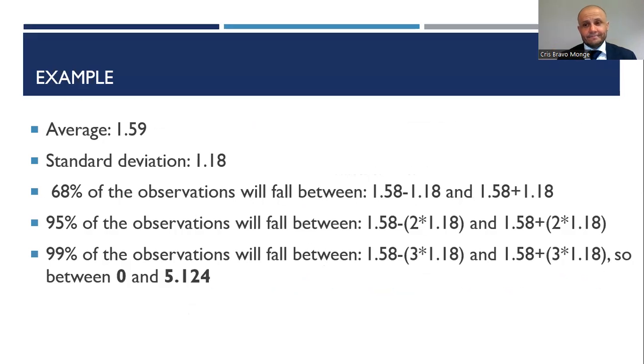And that 98% of the observations will fall between 3 standard deviations. In this case, applying the rule of thumb with 3 standard deviations gives us between 0 and 5. That is that 98% of the observations should fall between 0 and 5.